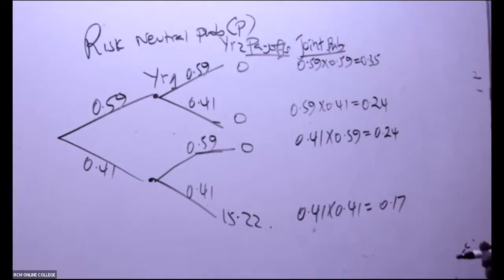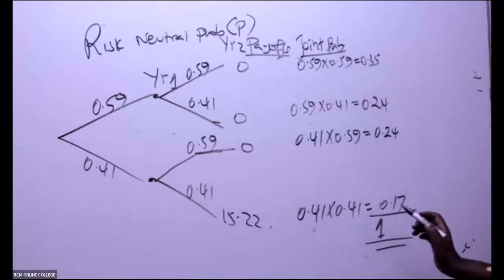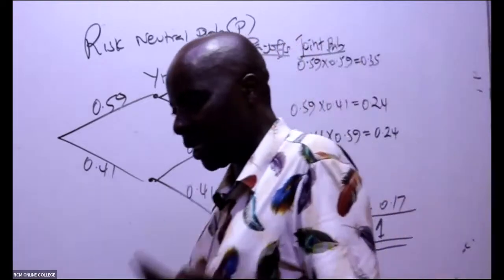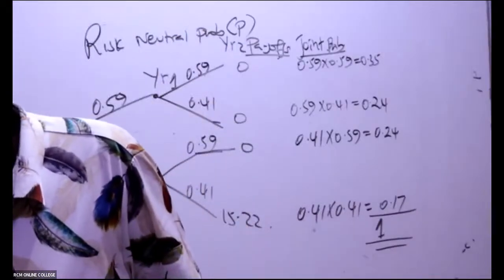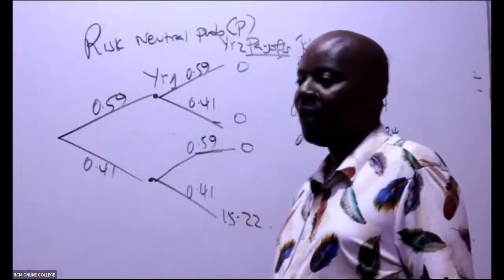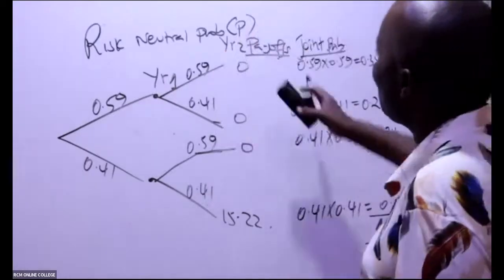Of course, except for rounding off errors, which may be there because we are taking this to a lower figure, we expect these joint probabilities to add to 1. It is 1, isn't it? Because of lack of space, allow me to write these.